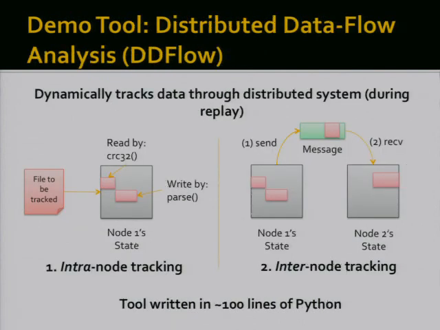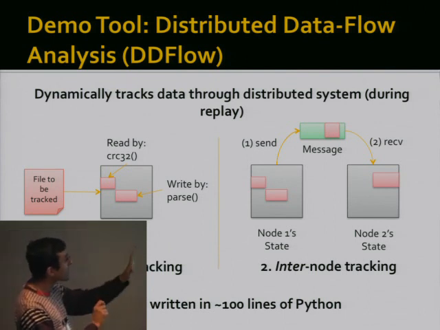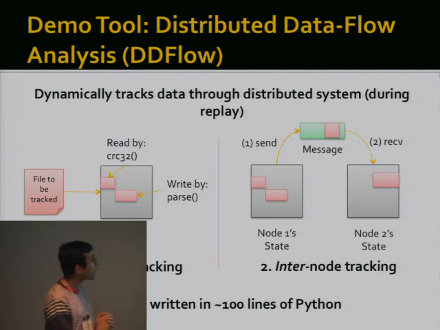Now, for this demo, I want to focus on one of these tools in particular, our distributed data flow analysis tool, which we call DDFlow. This tool dynamically tracks data that you designate through the distributed system. What this means to you is that you give it a file to be tracked, and it will tell you all the functions that operate on that file's contents on one node.